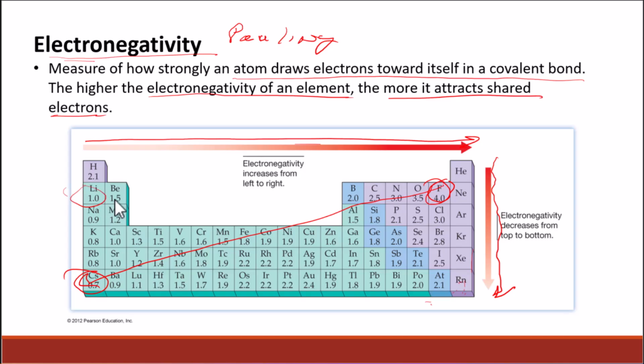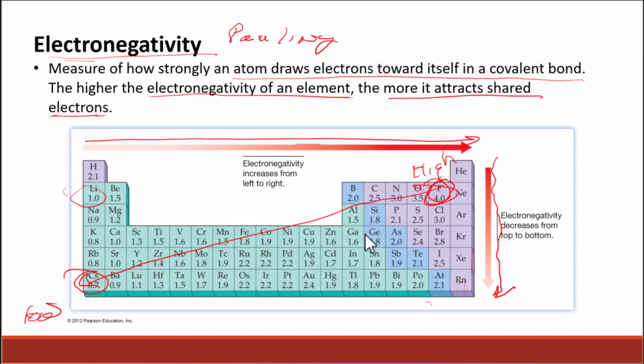Lithium at 1, and as you go across, you have this steady increase all the way to fluorine. So this is low electronegativity and high electronegativity. Fluorine's the queen, everybody else is less.